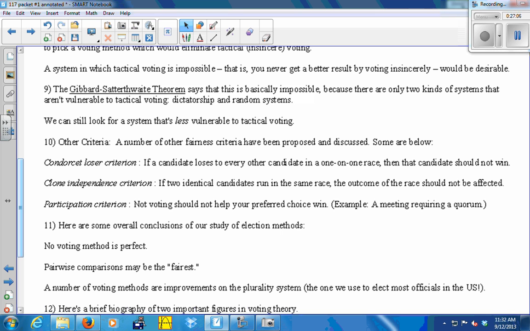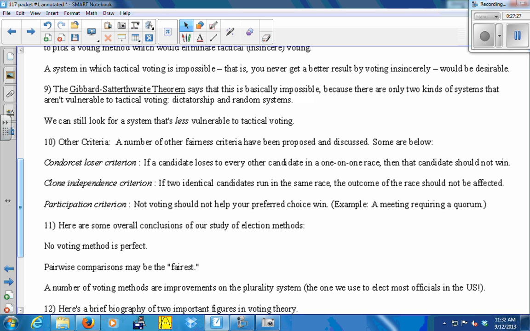Or a random system. Okay, a random system is where you don't tell the voters how the votes will be calculated, how the votes will be counted ahead of time. So you just give everyone a preference ballot, but you don't say, I'm going to use pairwise comparisons or I'm going to use plurality. It's a surprise, which has its own drawbacks, right?